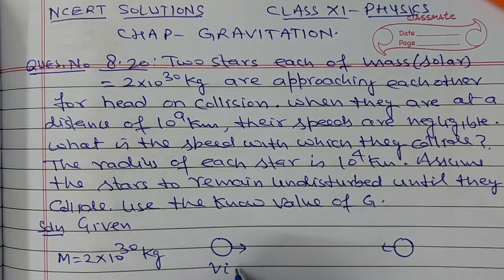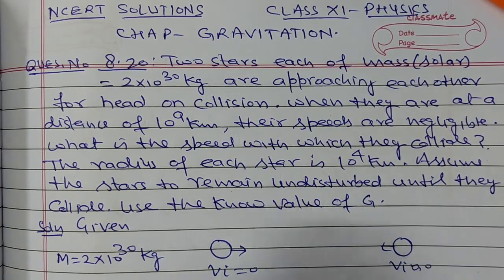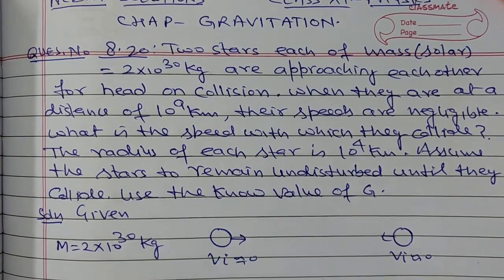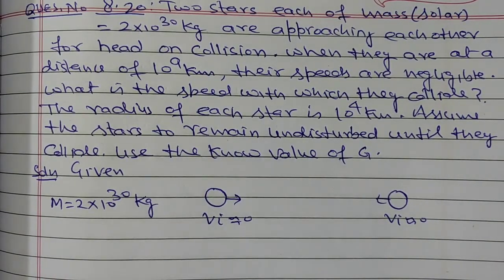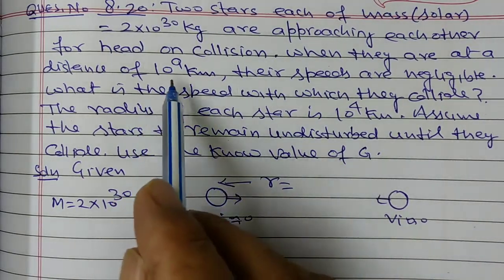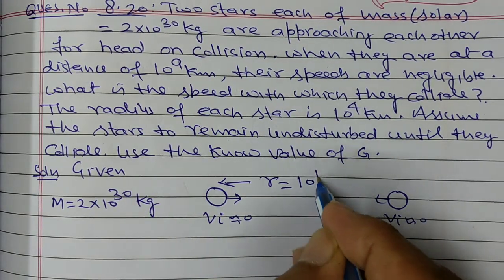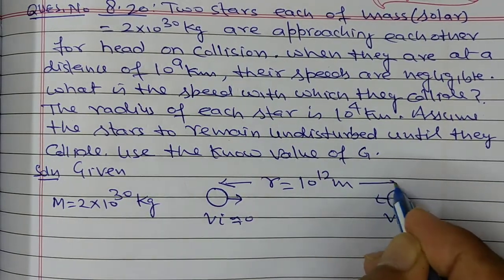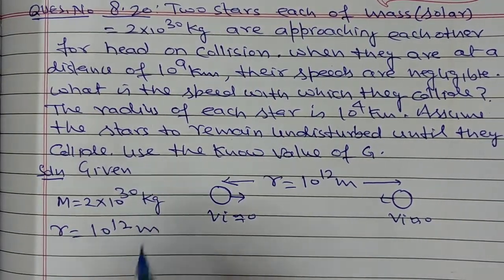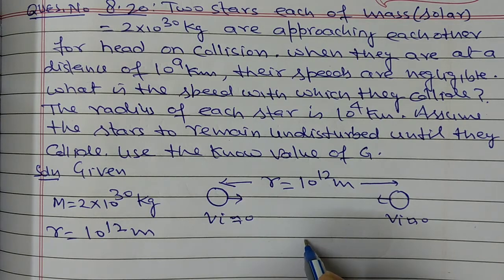V initial is nearly equal to 0, and initially they are at a separation of r is equal to 10 to the power 9 kilometer, and this is 10 to the power 12 meter. Small r is equal to 10 to the power 12 meter, and they collide with each other.